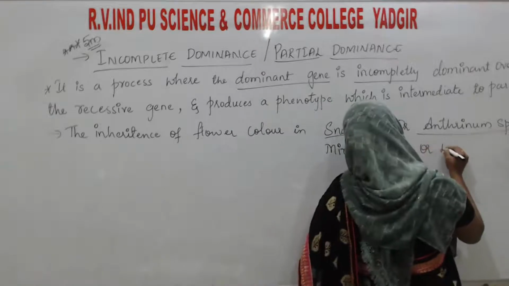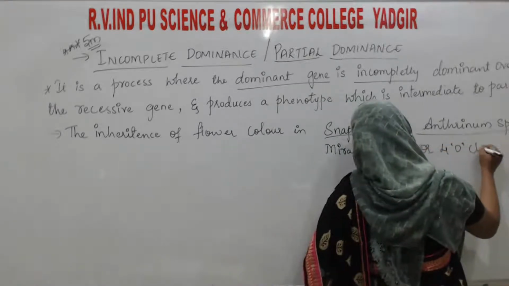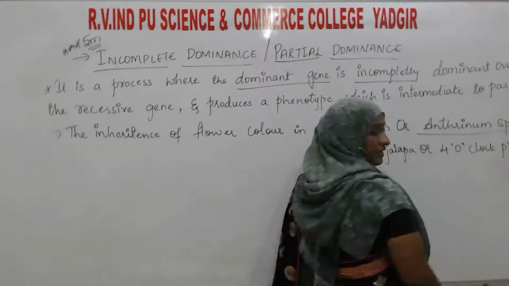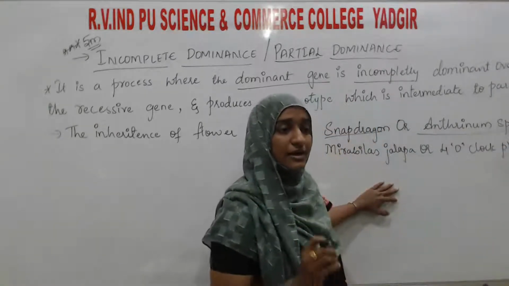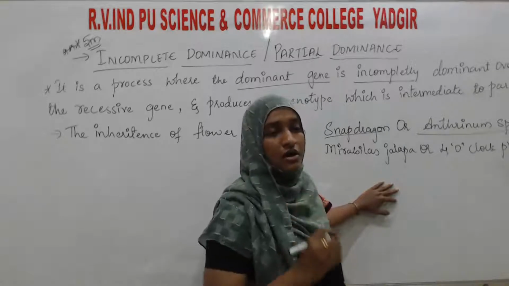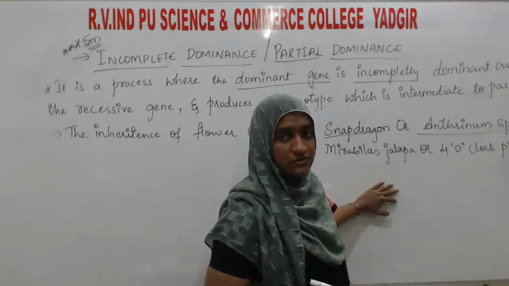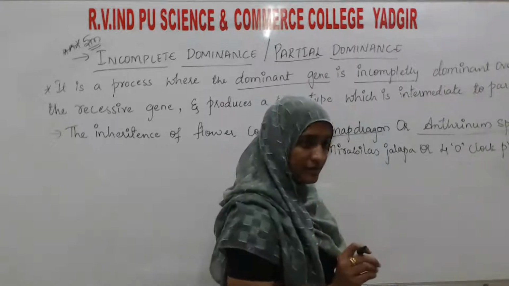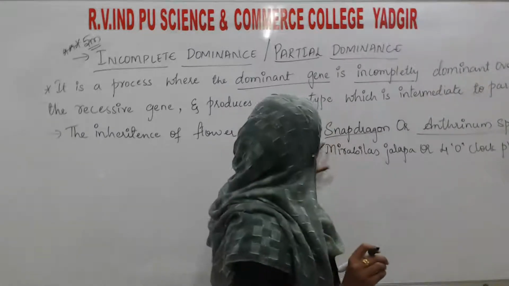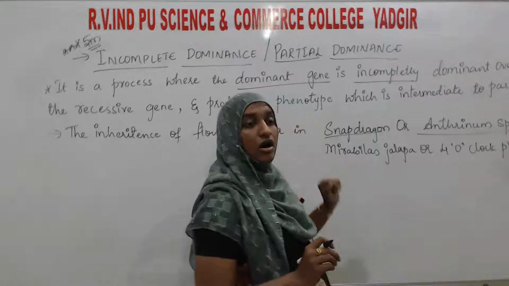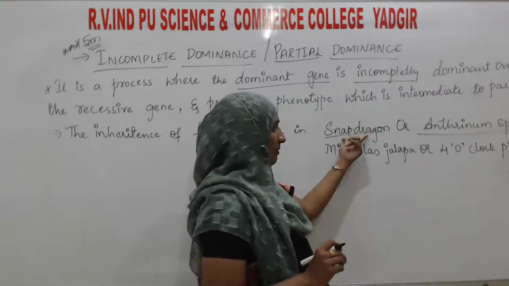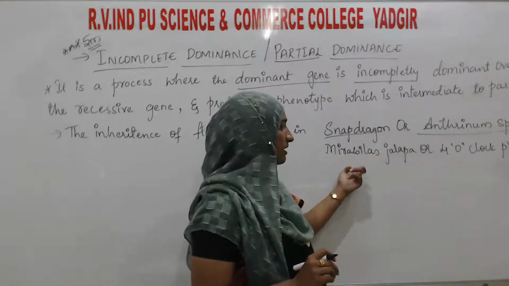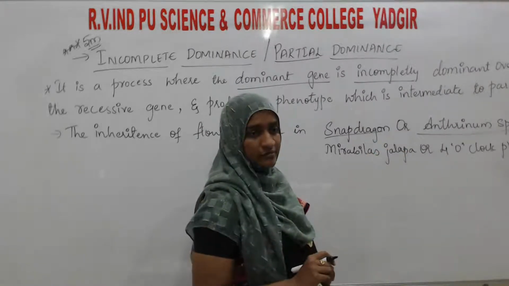This is also one of the examples to understand a correct explanation of the incomplete dominance. Two examples are there, snapdragon or Antirrhinum species, and one more example, Mirabilis jalapa or 4 o'clock plant. Snapdragon and 4 o'clock plant are the common names. Antirrhinum species and Mirabilis jalapa are the scientific names.